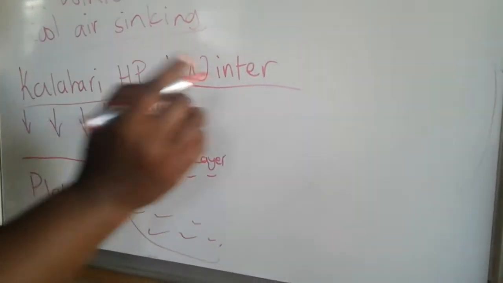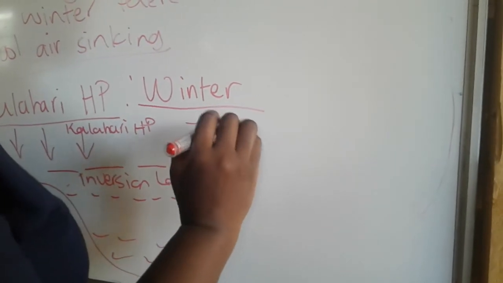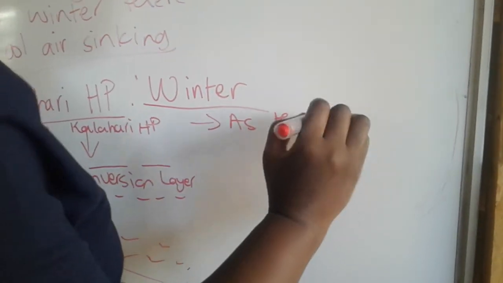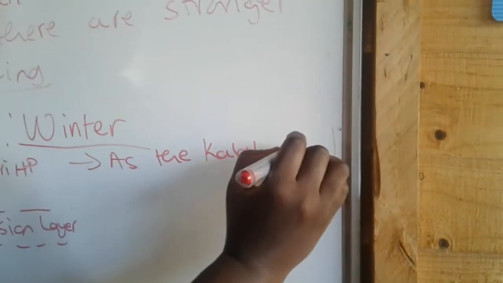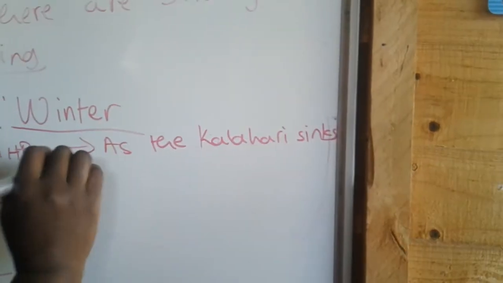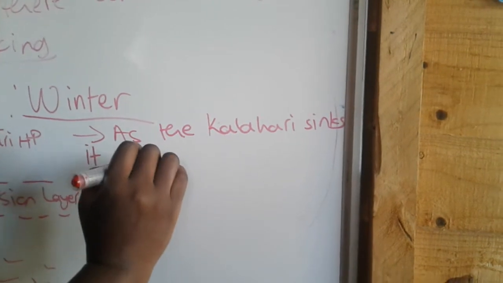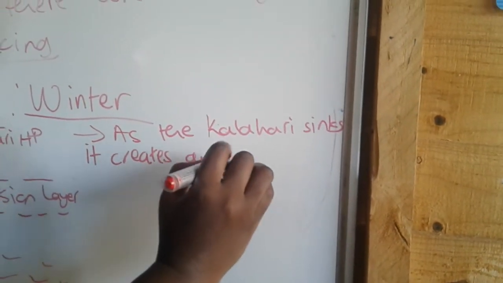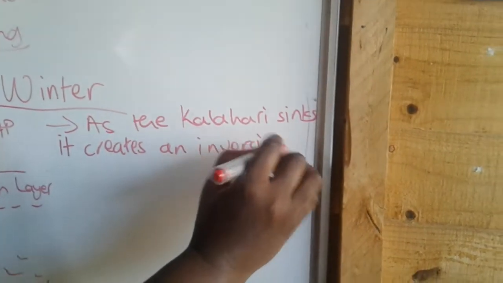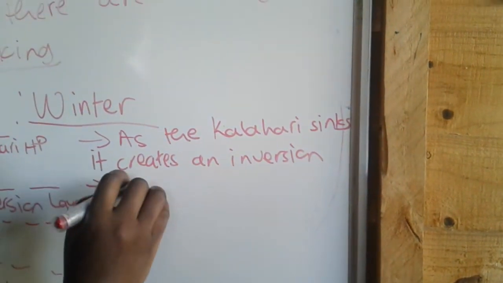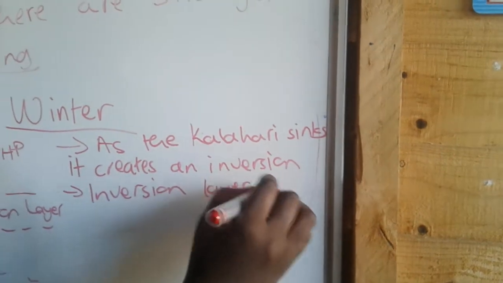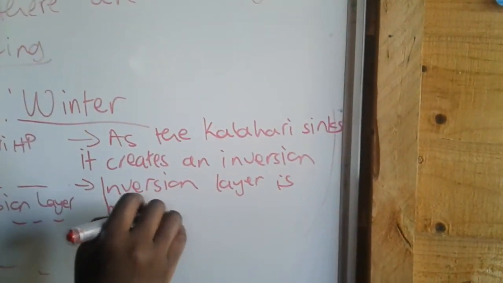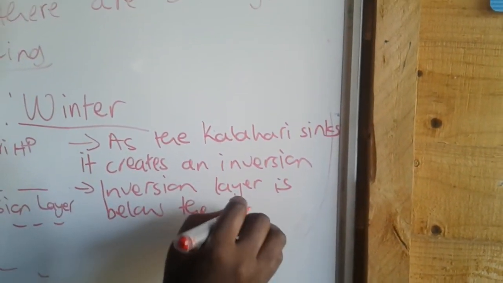So what happens as the Kalahari sinks? It creates an inversion layer, and this inversion layer is below the escarpment.